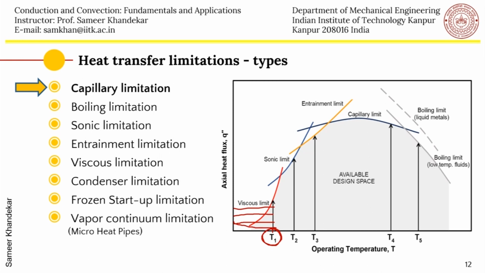Of course people have done these experiments in the past, and it is now understood that at different operating temperatures the heat pipe does stop at a given heat flux. As you keep on increasing it, of course you have to keep maintaining that operating temperature by controlling the condenser coolant temperature.